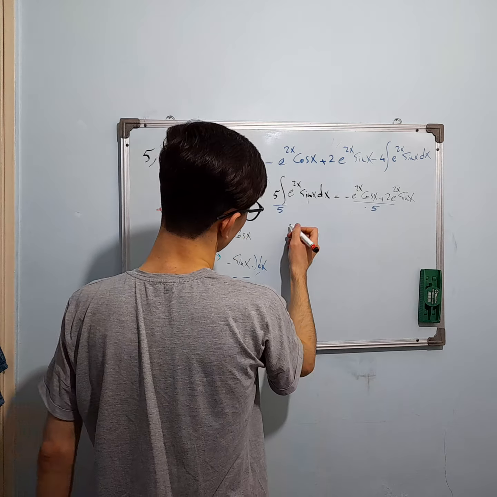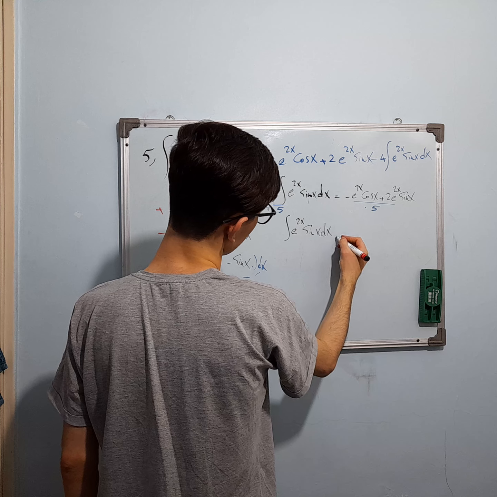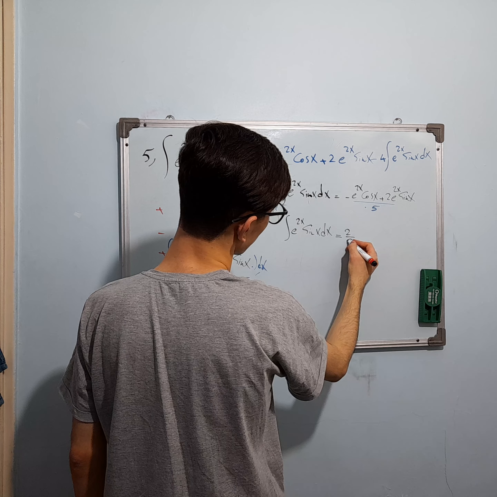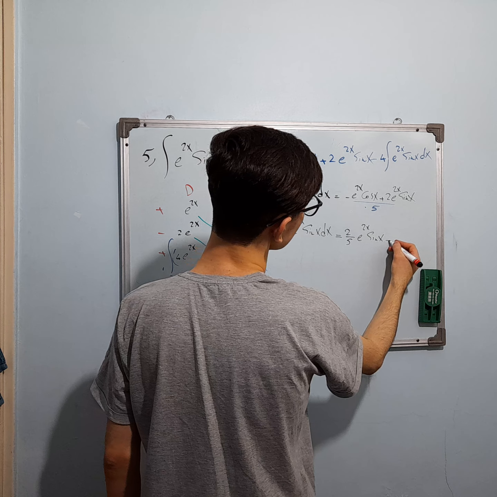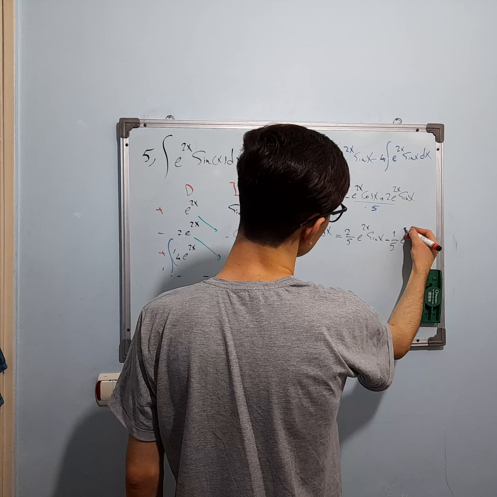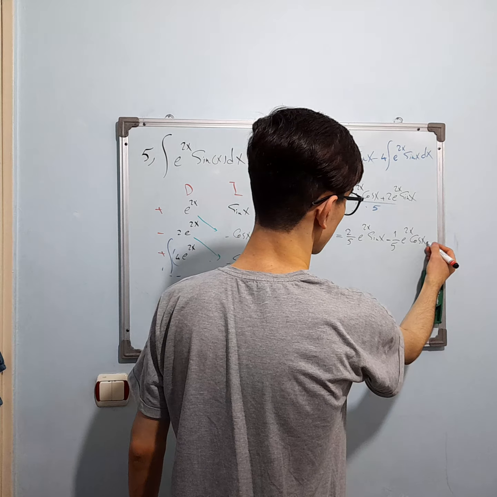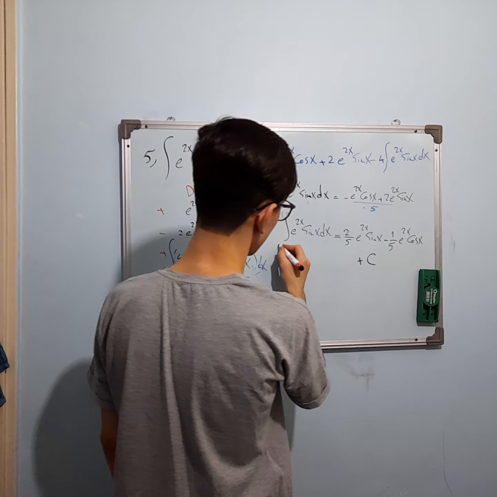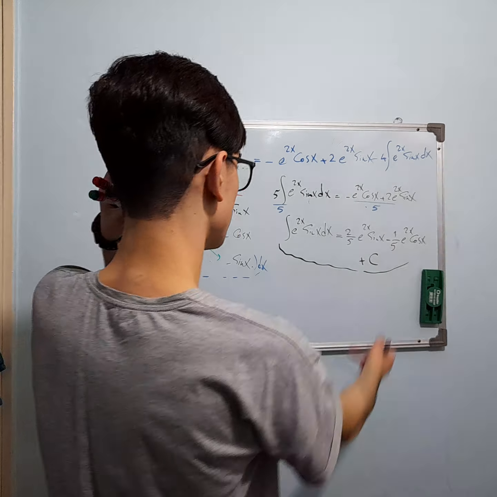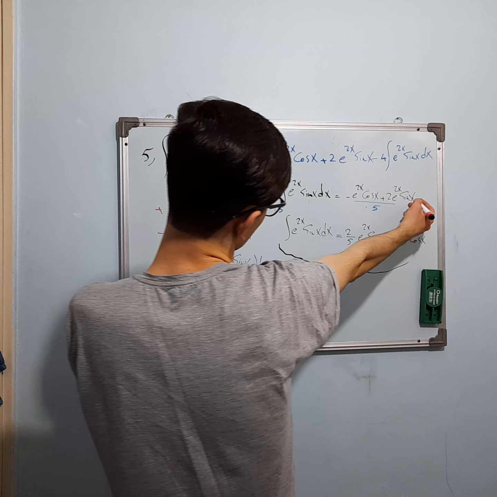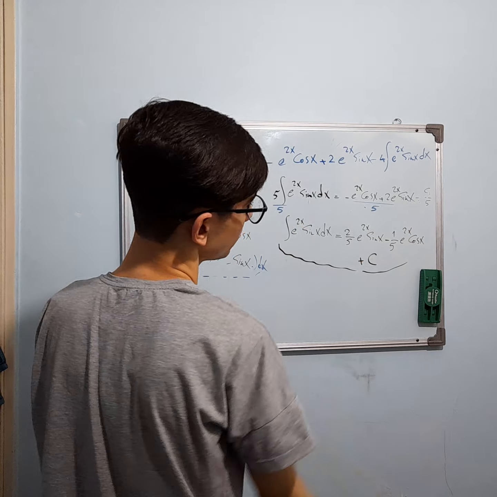Now we have our answer: the integral of e to the 2x sine x dx equals 2 over 5 e to the 2x sine x, negative 1/5 e to the 2x cosine x. And don't forget the plus c. You can add c whenever you want, and it doesn't matter if I wrote it here as c1 over 5, we could write it as c.